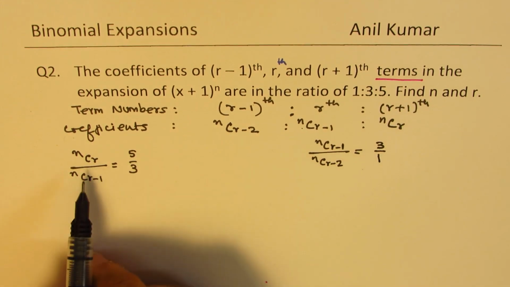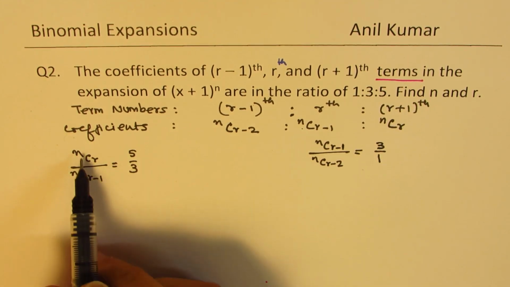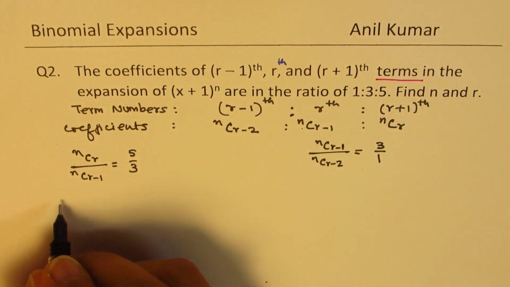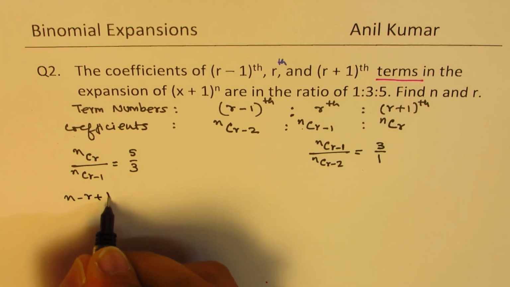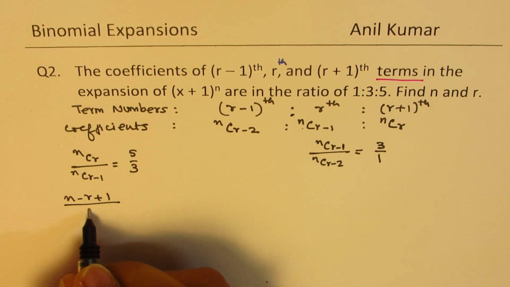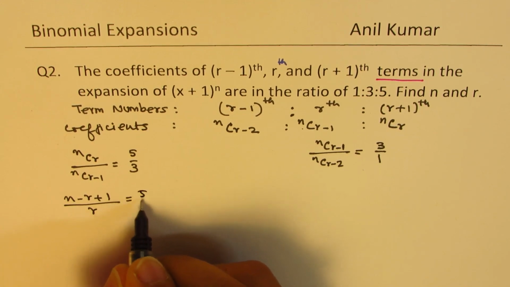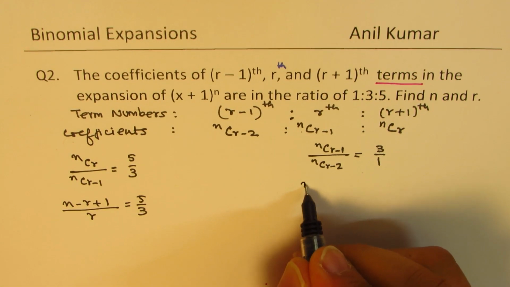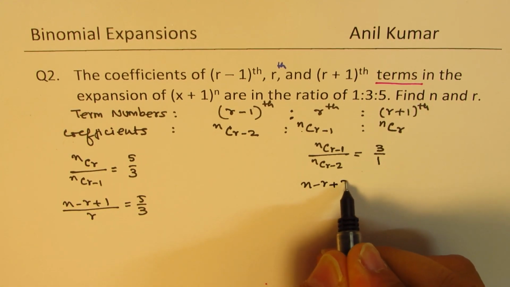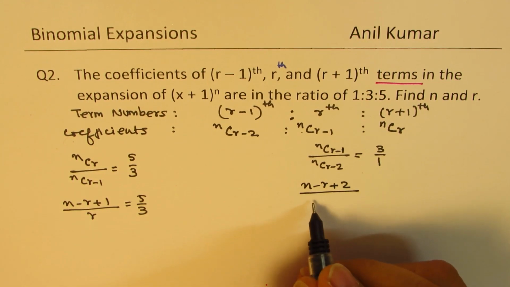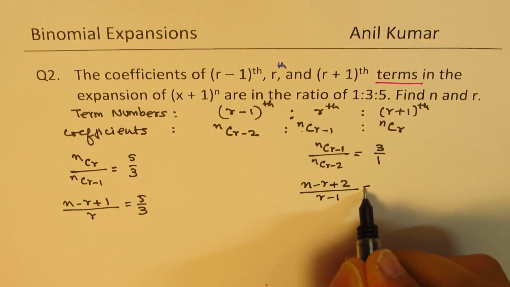Correct? Now we know the formula. This ratio is n minus r plus 1 over r is equal to 5/3. n minus r plus 2 over r minus 1 is equal to 3.